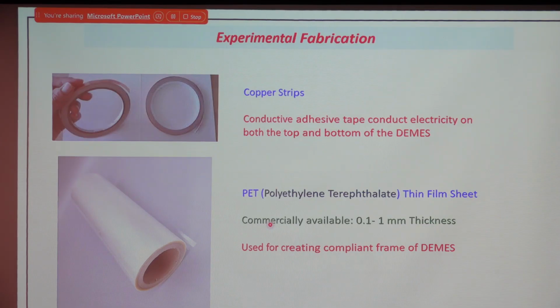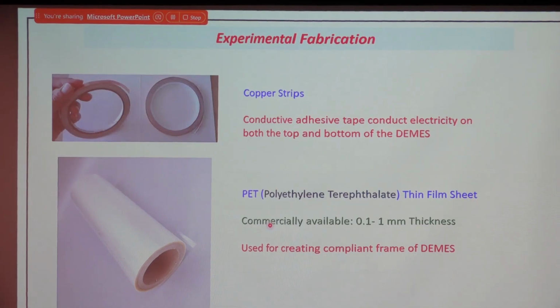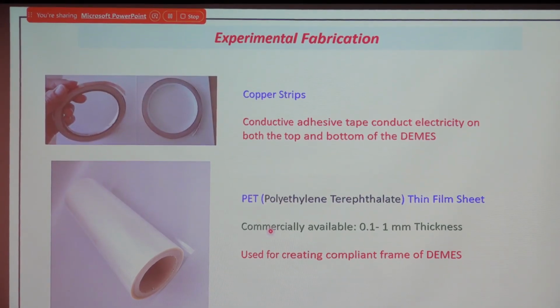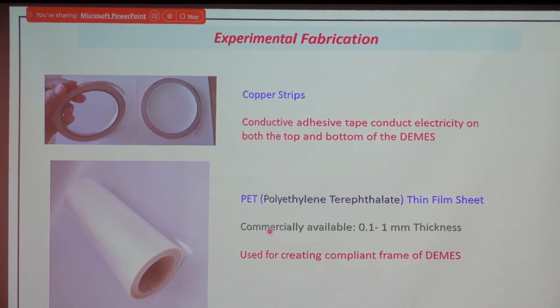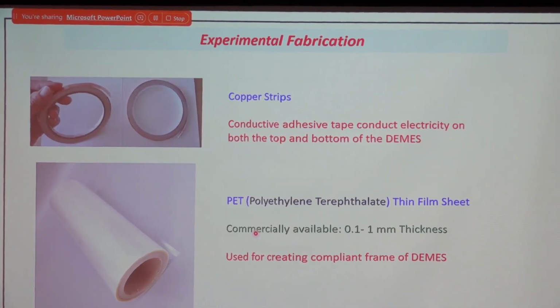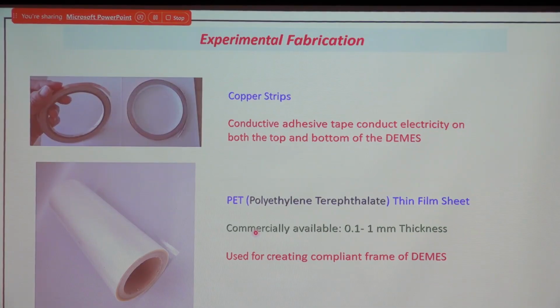For example, if you want very large actuation, you can go for a small thickness frame. Why? If I go for a small thickness of the frame, what will happen? It will resist less. For example, if you are making a DMS actuator, we have seen that the larger the stiffness offered by the frame, the less will be the initial configuration or the attained angle of the DMS actuator.